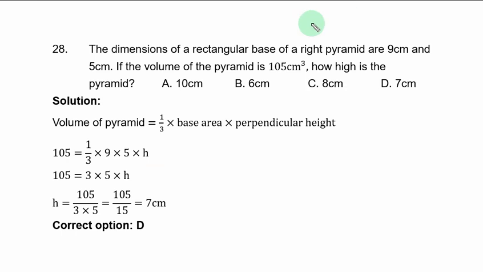Question 28. The dimensions of a rectangular base of a right pyramid are 9 cm and 5 cm. If the volume of the pyramid is 105 cubic centimeters, how high is the pyramid? That is the height.